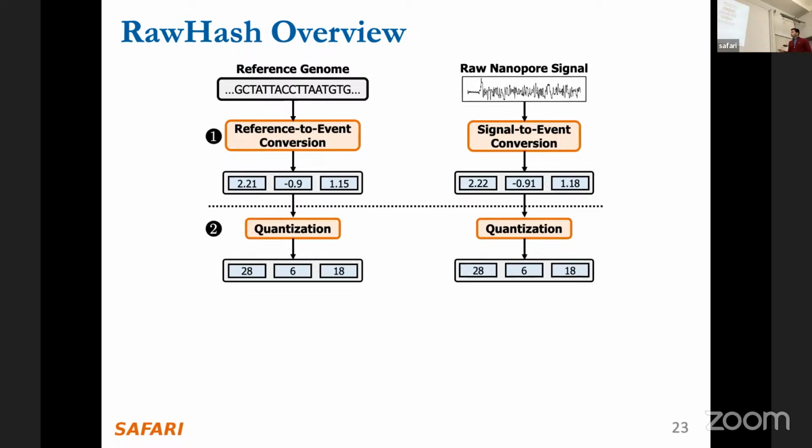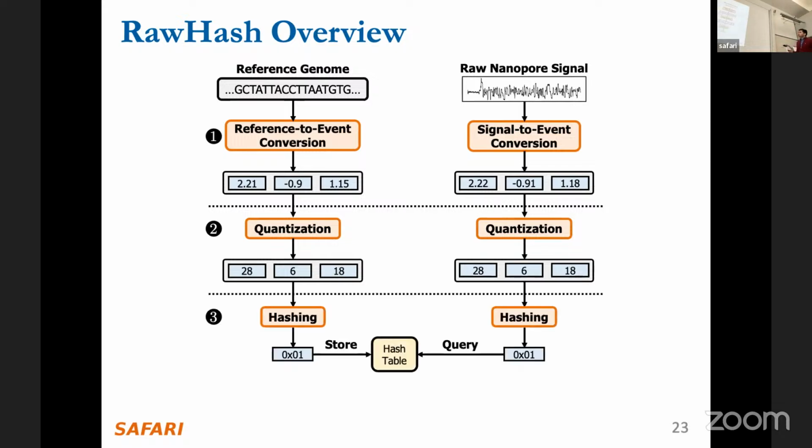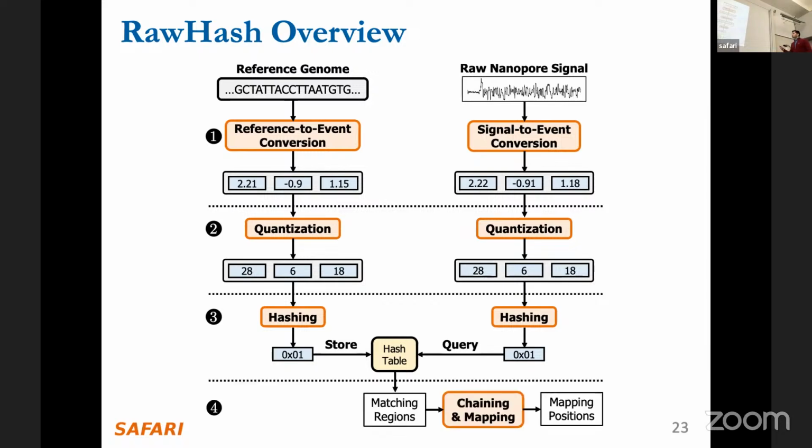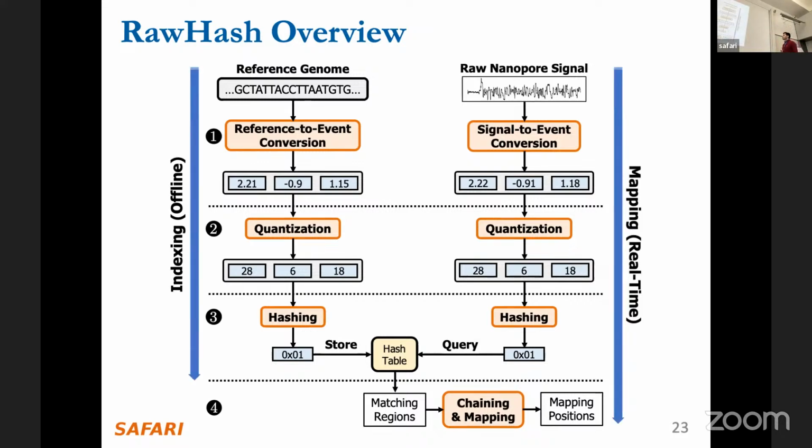Then, to alleviate this variation effect, meaning that the signals are similar to each other but not exactly matching even if the k-mers being sequenced are the same, it quantizes the signal values into a smaller set of values, or buckets. It's called a bucketing approach. Based on these quantized values, we can perform hash matches because now there is, hopefully, no variation effect. Based on these hash matches, we find matching regions, and then we perform chaining and mapping to identify the similarities between a raw signal and the reference genome.